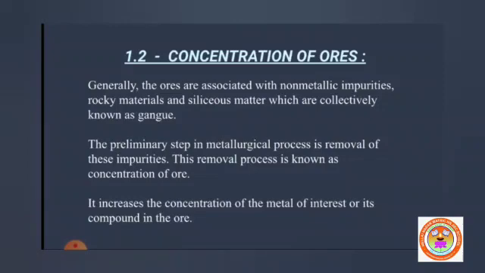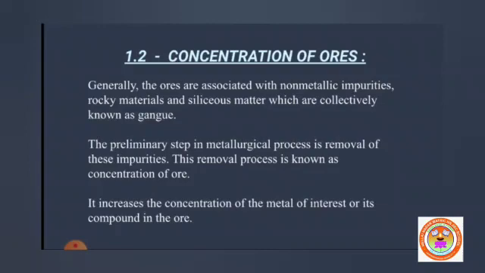Ores are found in the earth's crust, so they may contain non-metallic impurities, rocky materials and siliceous matter as impurities. These impurities are known as gangue or matrix. So what is gangue or matrix?